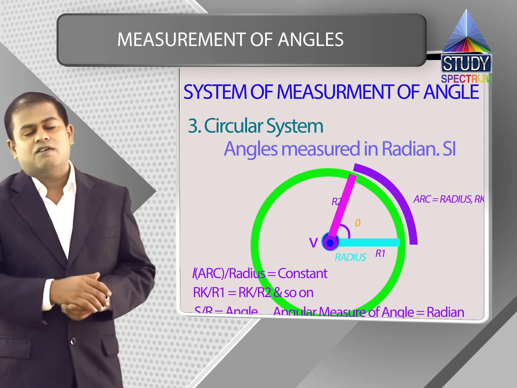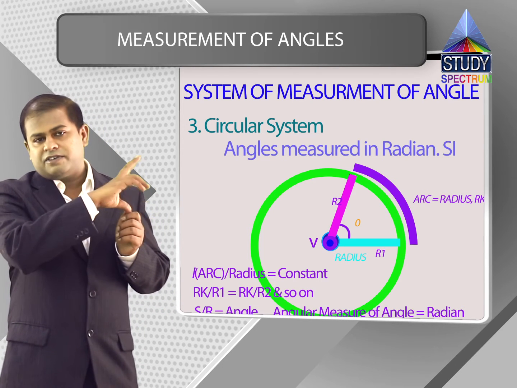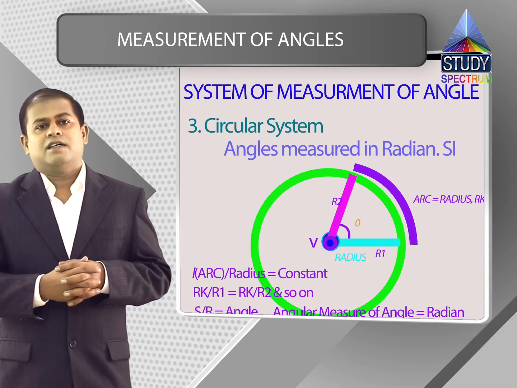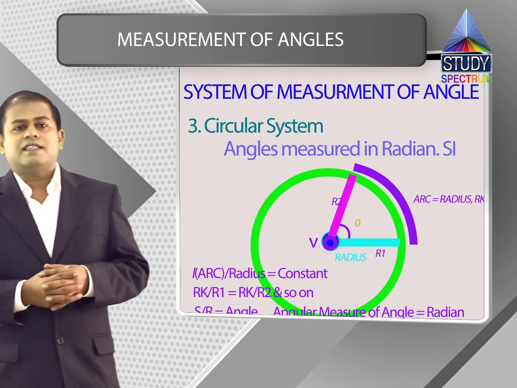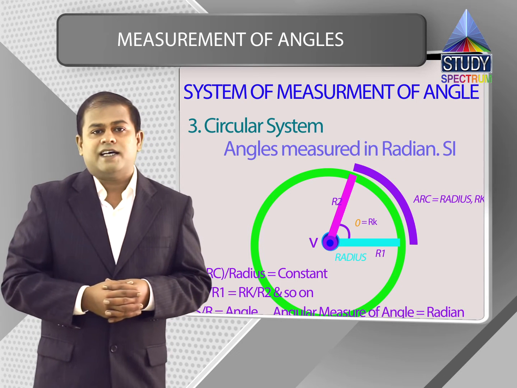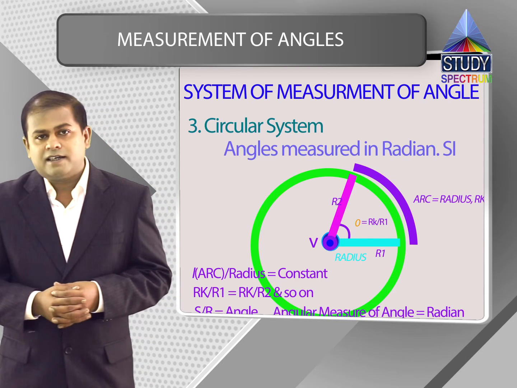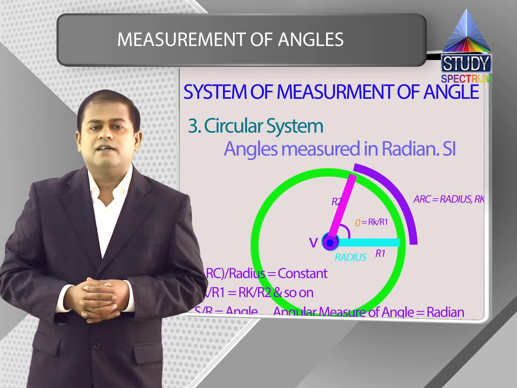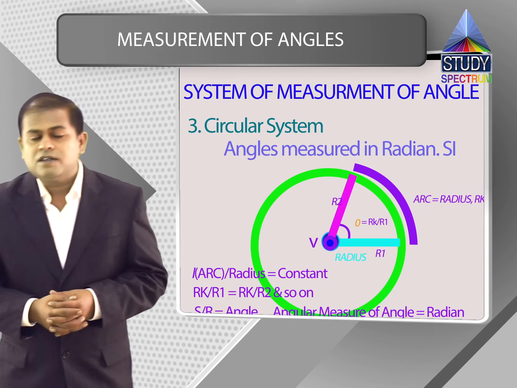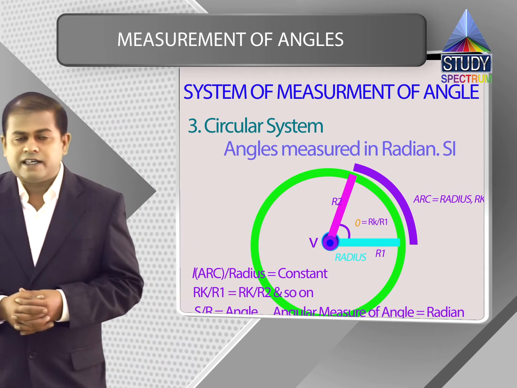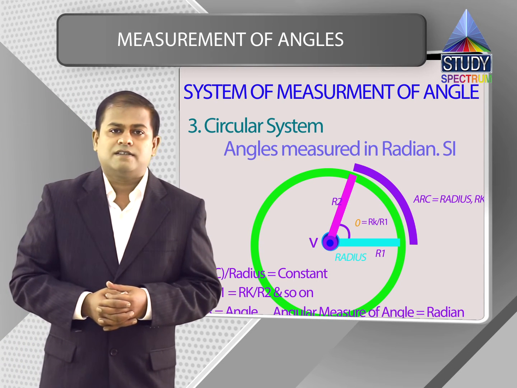If taking the vertex as the center, I draw an arc of some radius r, and that angle intercepts an arc of length s, then theta in radians is measured as s by r, the length of arc intercepted by the angle to the corresponding radius. So angular measure in radian is the ratio of length of arc intercepted by the angle to radius. Okay.